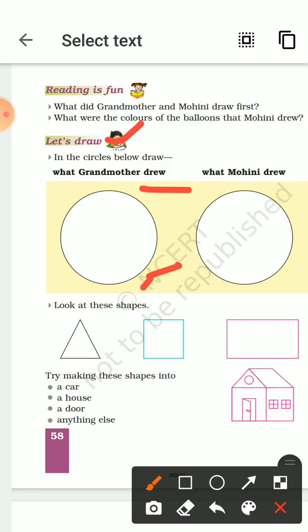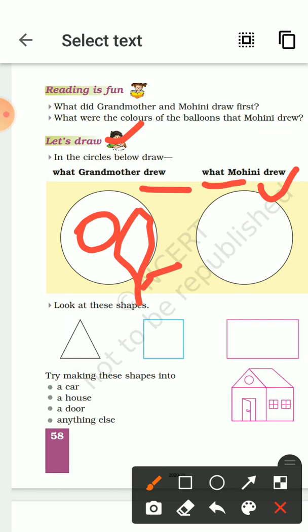So here we have to draw a ball and a balloon in this circle. Come to the next circle, what Mohini drew. From the story, we know that Mohini drew a wheel, a moon, a rabbit and her own face. So we have to draw all these things in the circle.